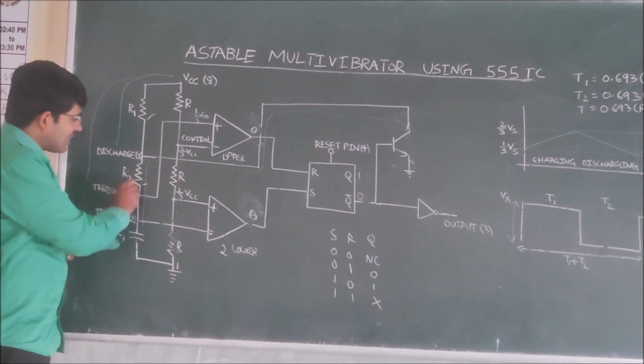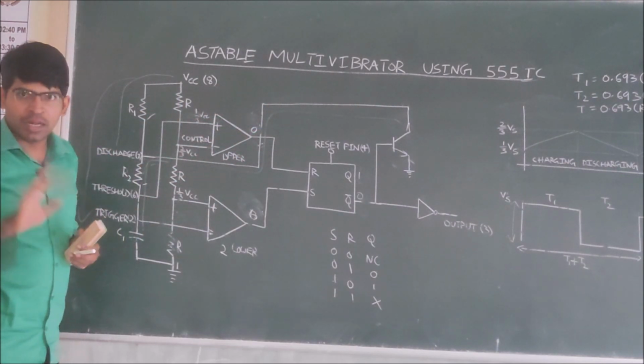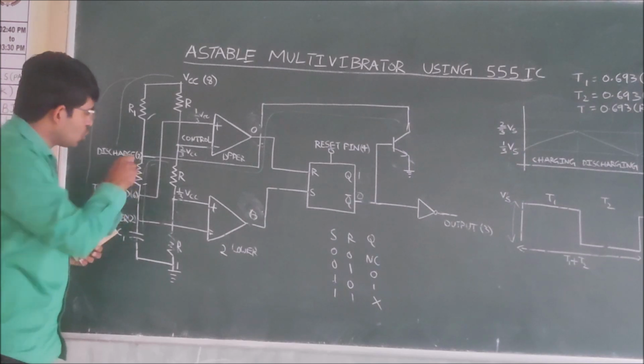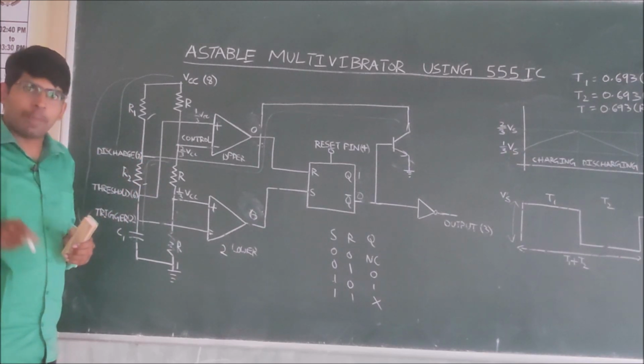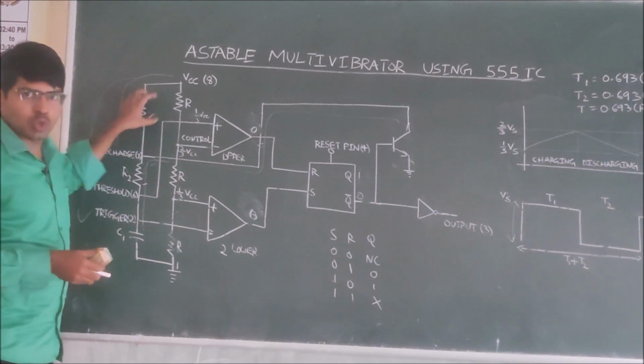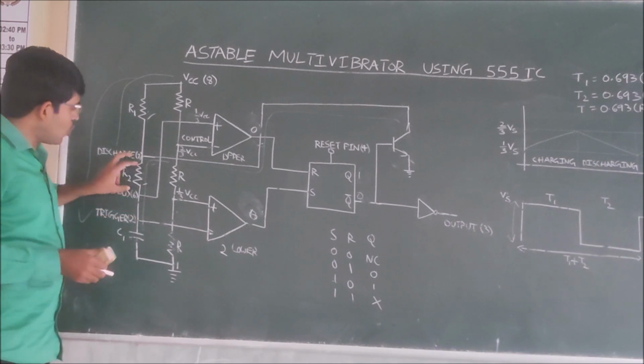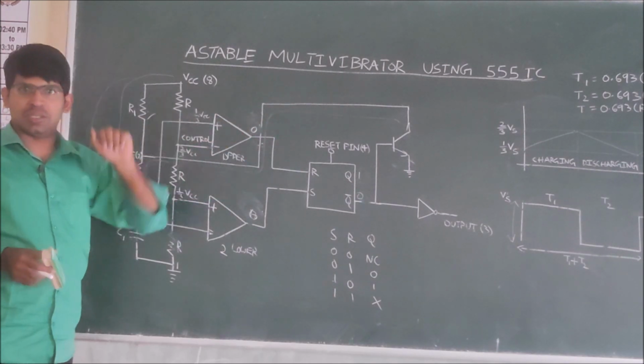But when the capacitor is discharging, it takes the R2 and the transistor path. The capacitor will not discharge through the R1 path, but it charges with R1 and R2. R1 and R2 are used for charging, but for discharging only R2 and the transistor.